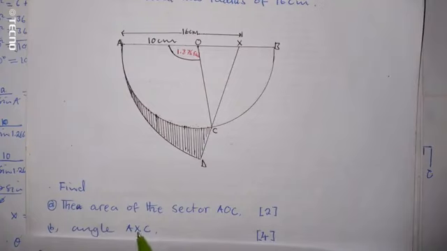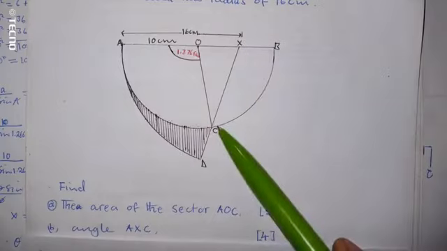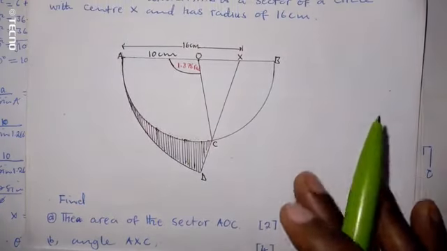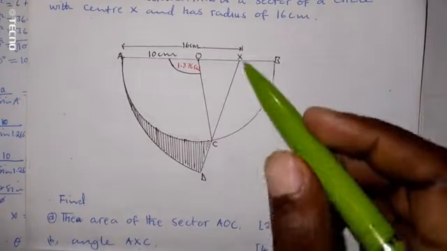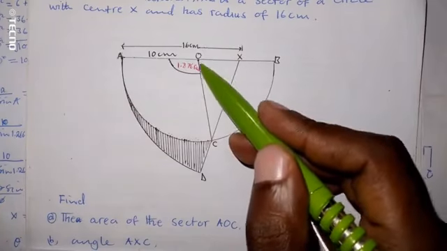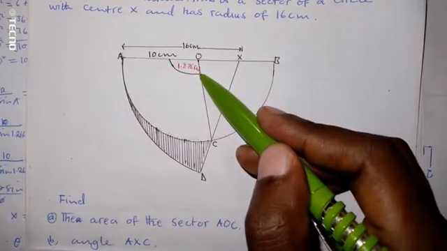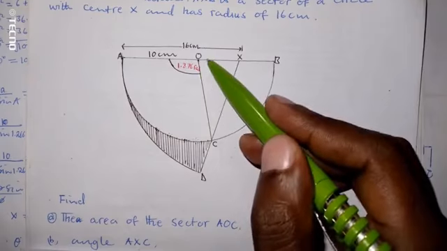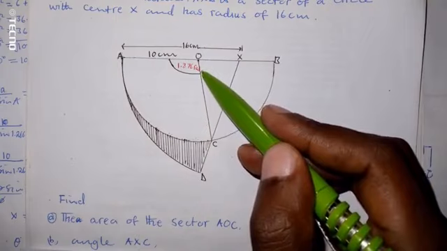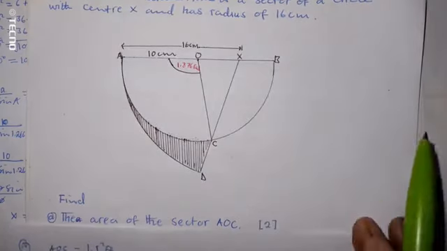Then we go to question B, where we have been asked to find the angle AXC. So here, to find the angle AXC, we know this angle here, when you add this one plus this one, you get 180. So for us to find the angle at this point, you are going to subtract from pi, because here we are dealing with pi.